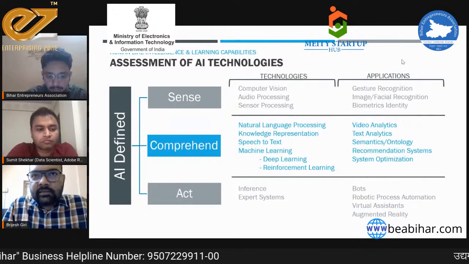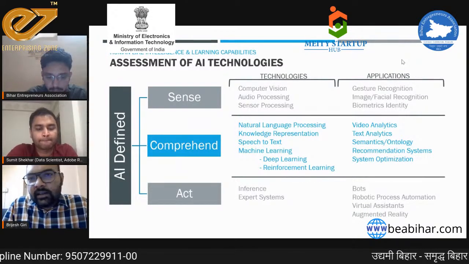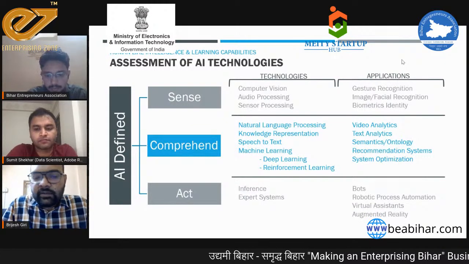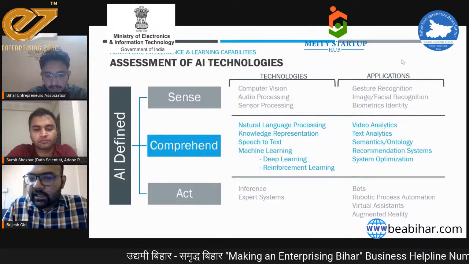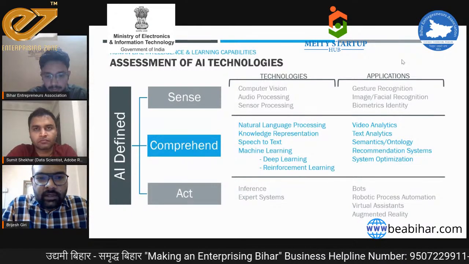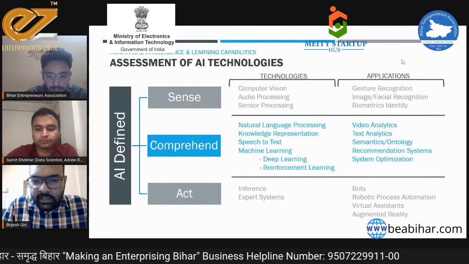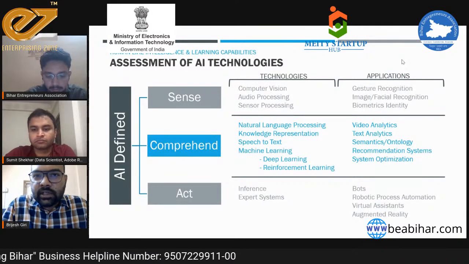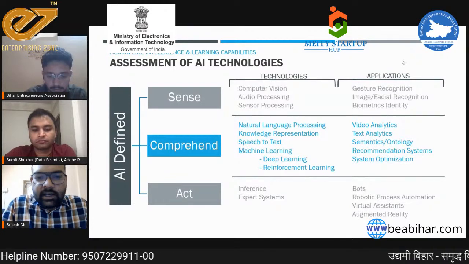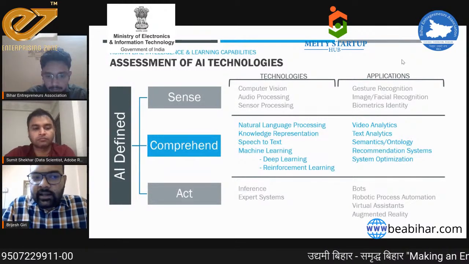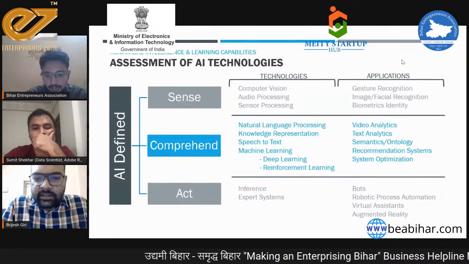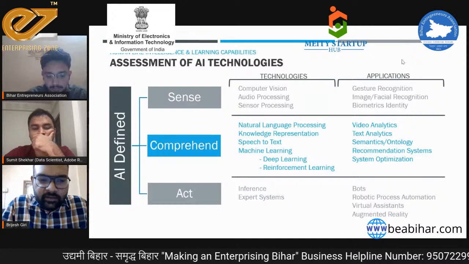To sense means to collect data in any which way. It might be data from a video feed. It might be data from my mic. It might be data from any sensors that industry is putting in its machines, and identifying patterns in that data, right?